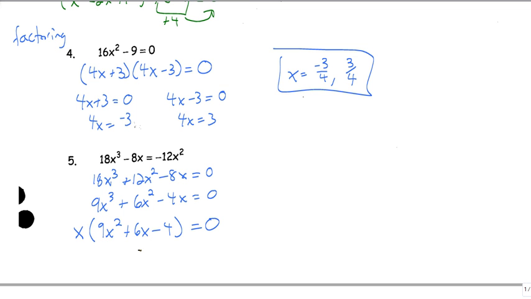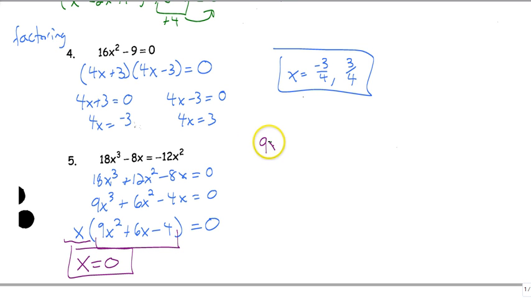So let us now, for this piece right here, use the quadratic formula to get that solution. Because what we have here is you set each piece equal to 0. So we're setting this big piece equal to 0 and x equal to 0. So one of our solutions is x is going to be 0. And we should get 3 solutions for this problem because it was x cubed.